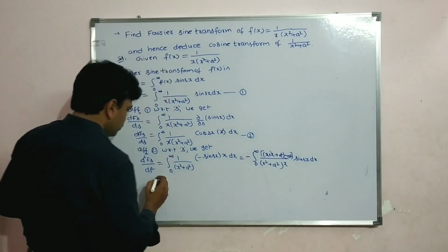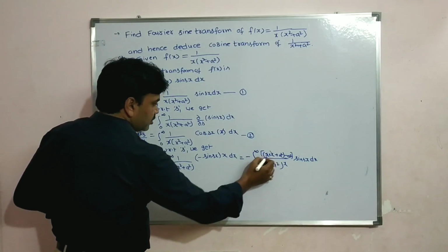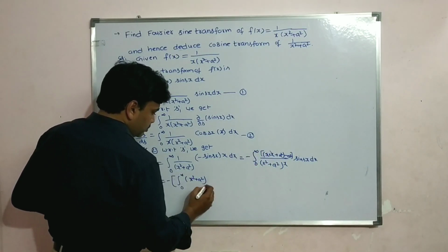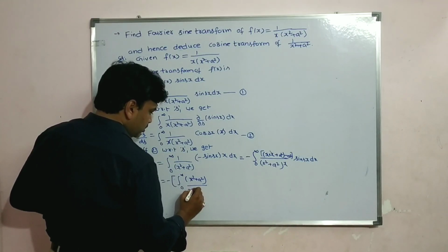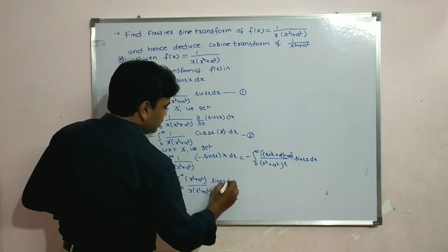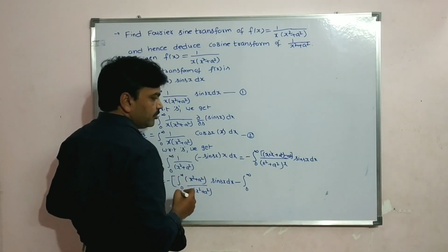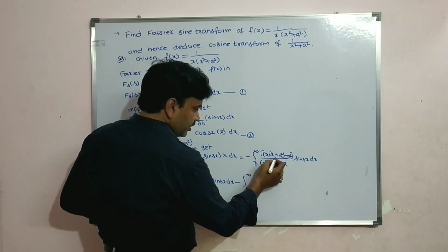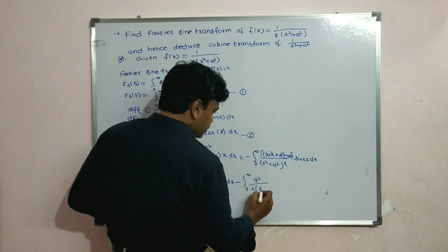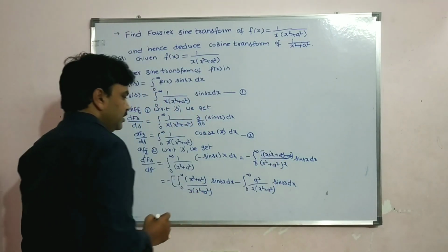Minus integral 0 to infinity, x into x, x square plus a square considered as one term, divided by x into x square plus a square, multiplied by sin sx dx, minus integral 0 to infinity a square by x into x square plus a square into sin sx dx.